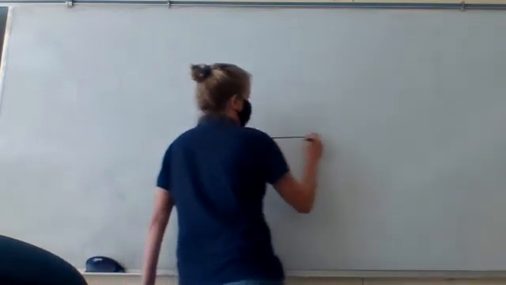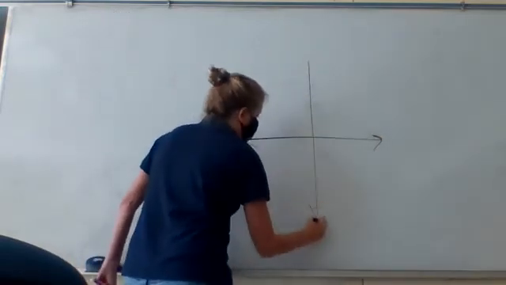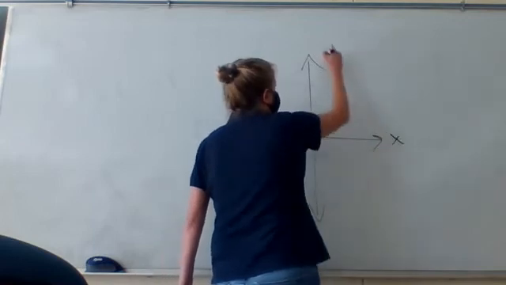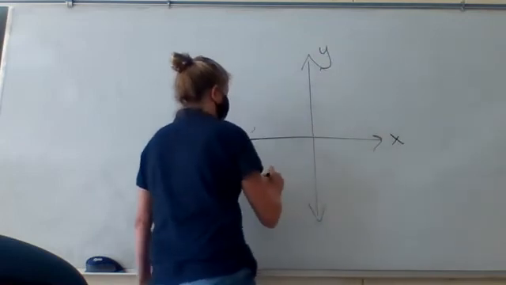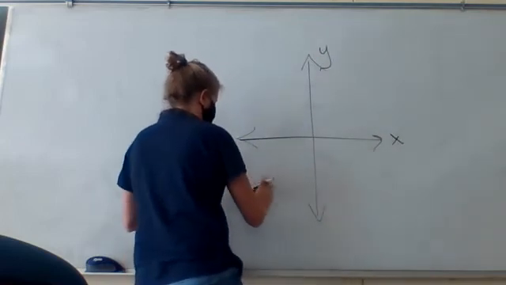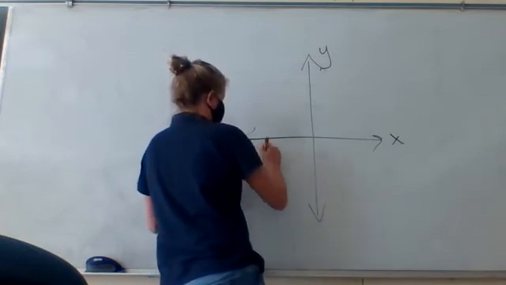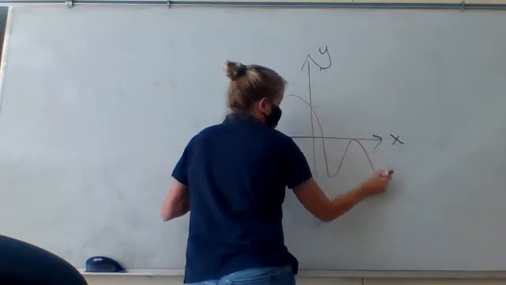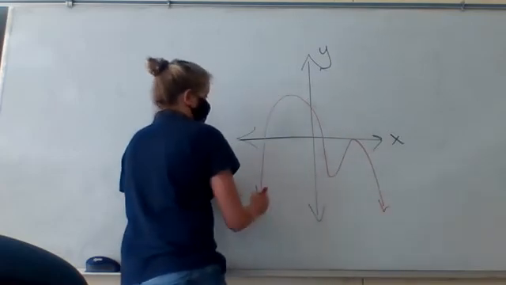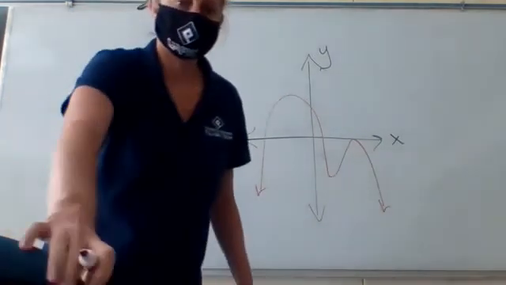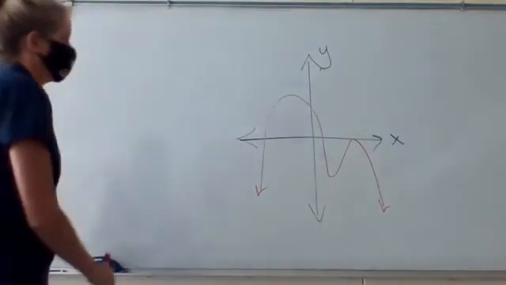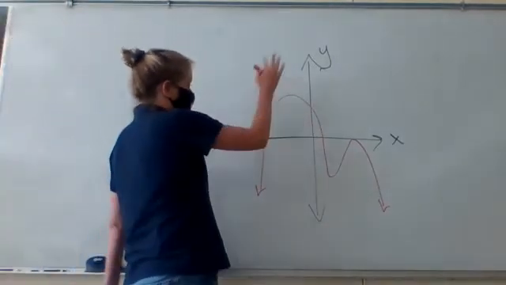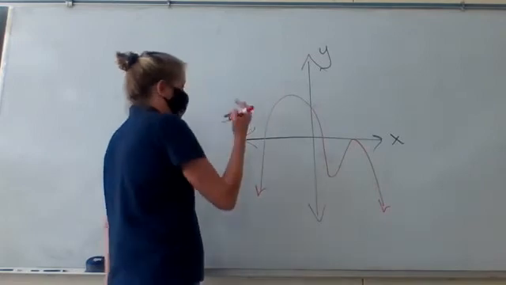For instance, you have a graph. There's two different kinds of x-intercepts. This graph, this red squiggle that I just drew, has three x-intercepts.